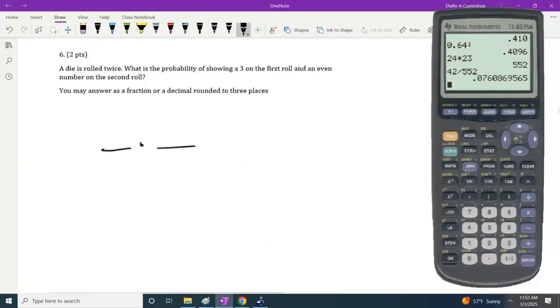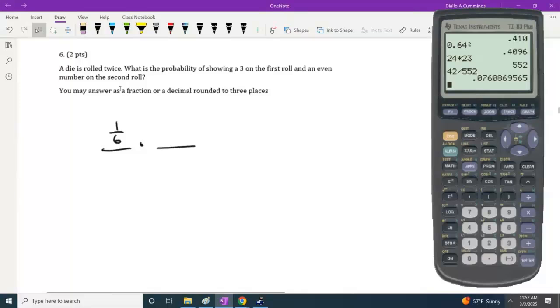So we're going to map out 2 outcomes for the 2 events. What is the probability of rolling a 3 on the first roll? 1/6. Right. There's 6 numbers on a dice, and there's only 1 3, so that's 1 out of 6.